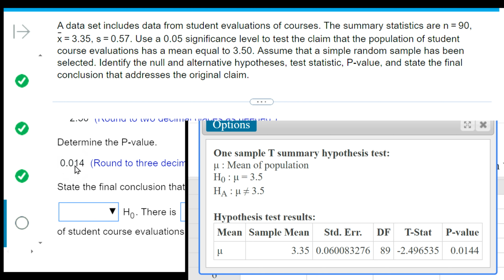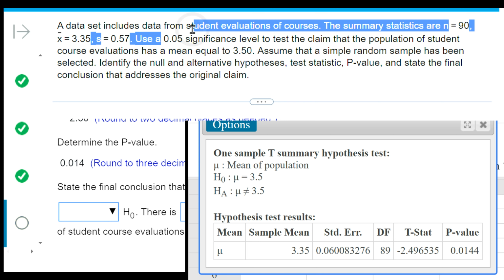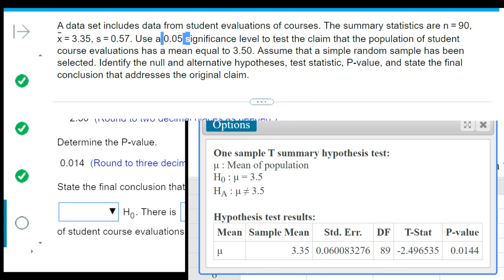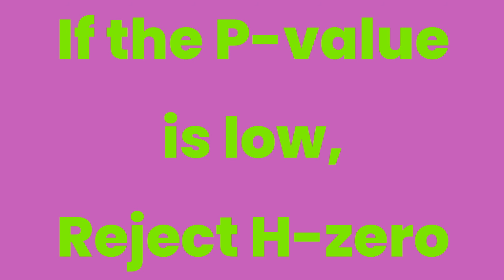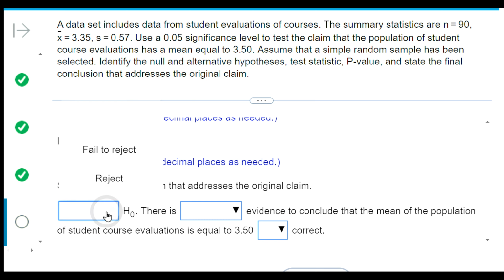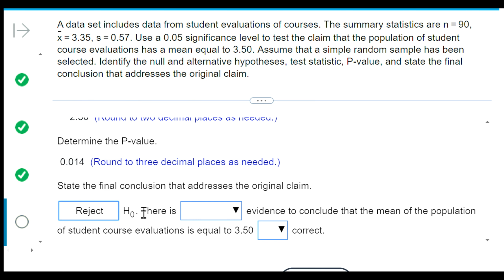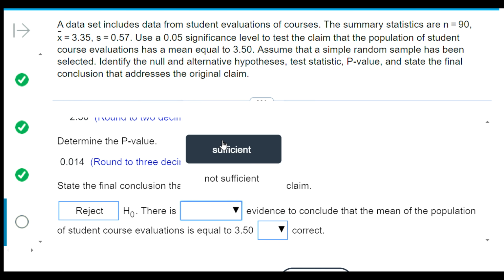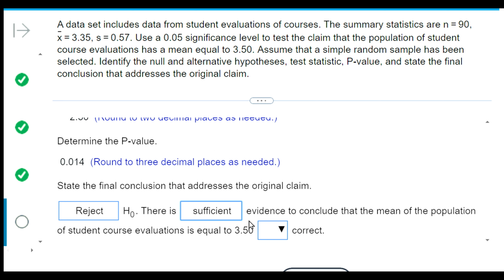It's nearly 1%, it's bigger than 1%, but it's a lot lower than 5%. So that is a low p-value. And what do I do if the p-value is low? You reject H0. Every single time you reject, there is sufficient evidence.